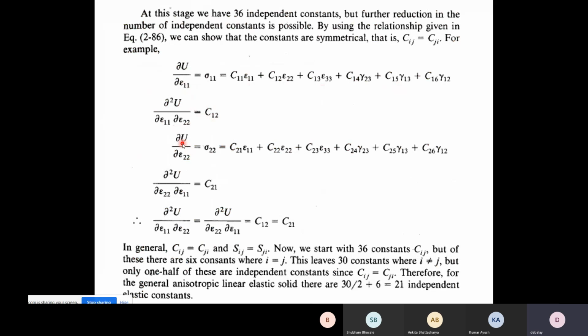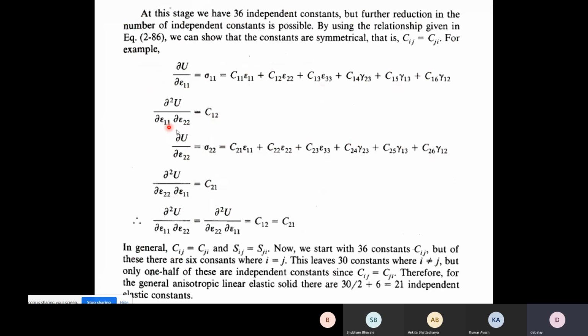Similarly, if you take the derivative del U by del epsilon 2, then you get sigma 2. You expand sigma 2 in the form of strain components and stiffness constants, and take a double derivative with respect to epsilon 1.